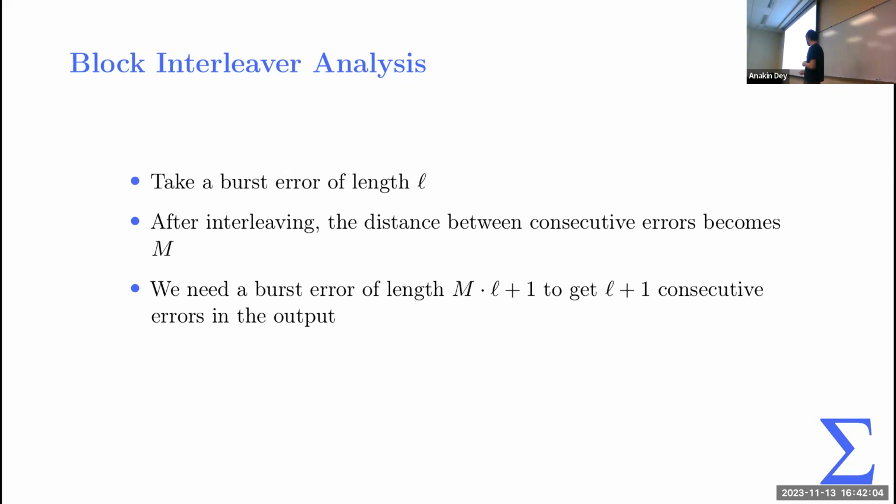After interleaving, our actual distance between the errors becomes m, the size of our original matrix.